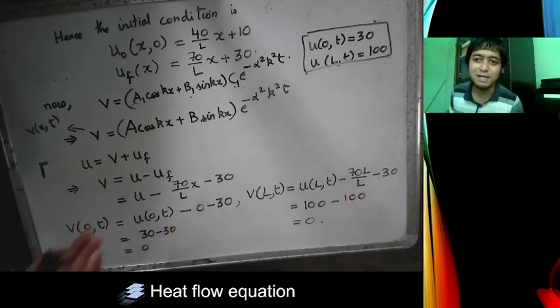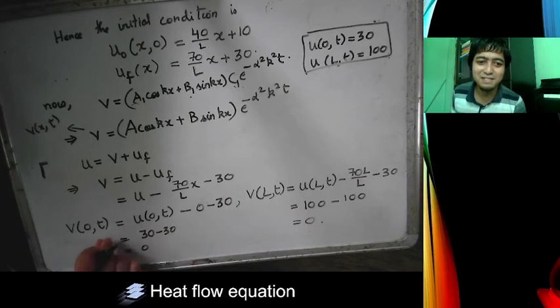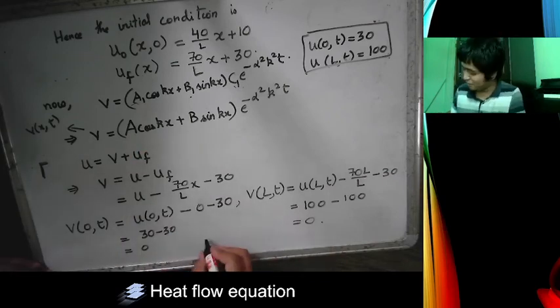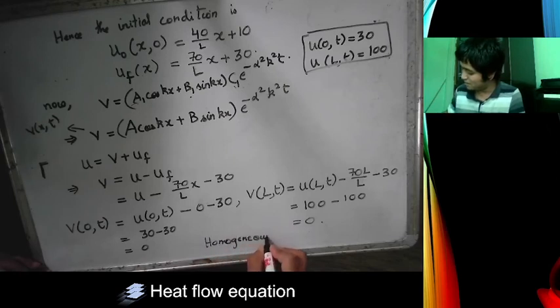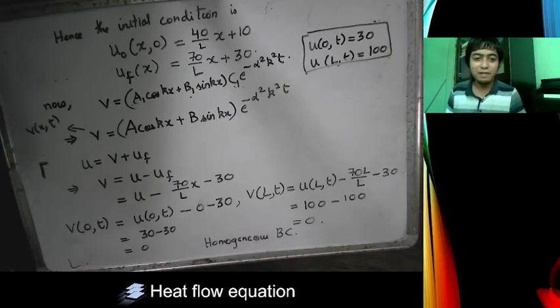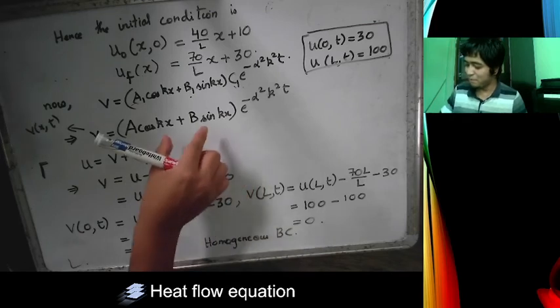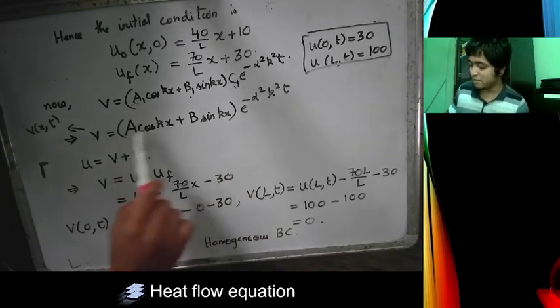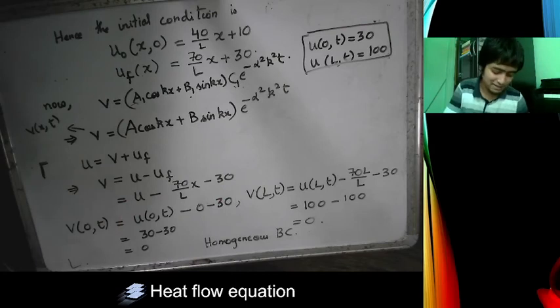Surprise, surprise. Now the boundary conditions for V are both equal to 0. So now we have homogeneous boundary conditions. After having homogeneous boundary conditions, we can now use them over here for the solution of V, to find out the constants. Let us do that.